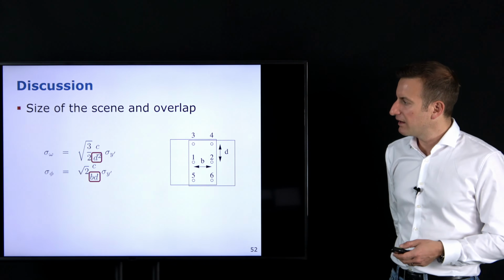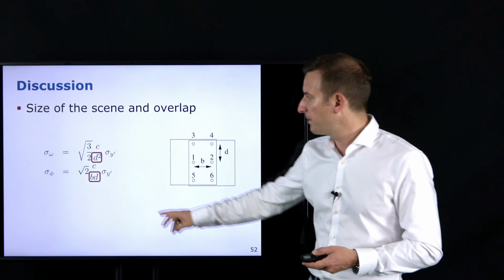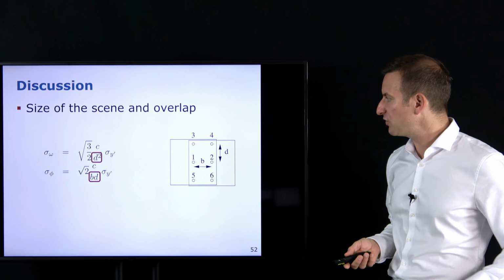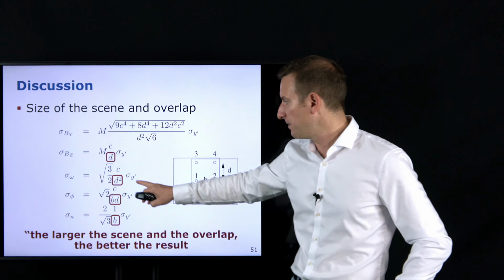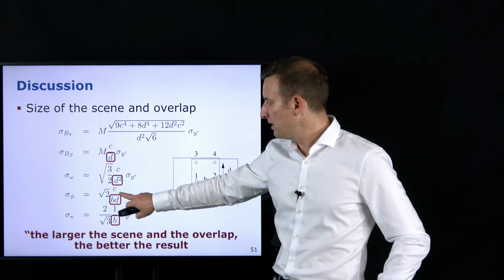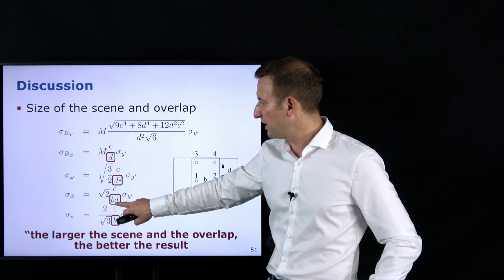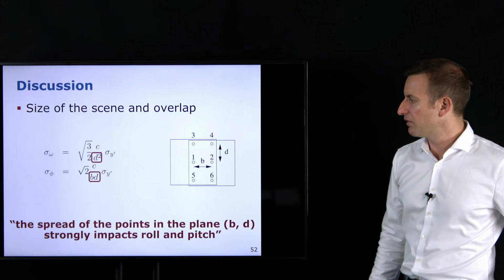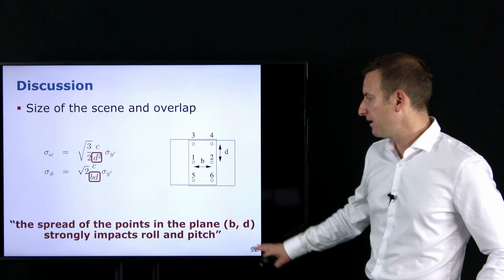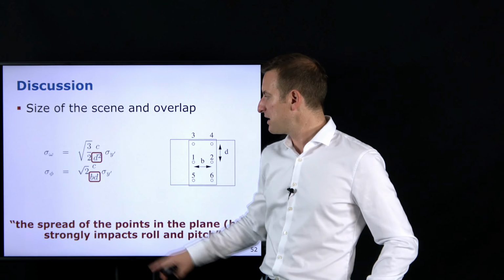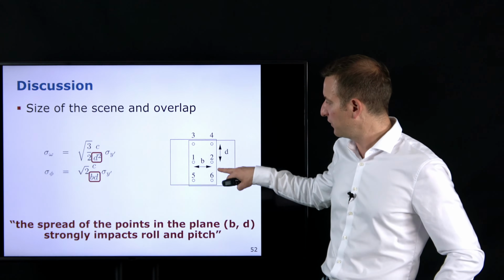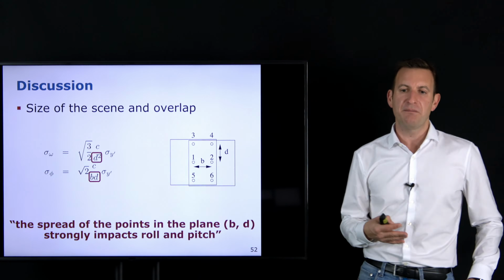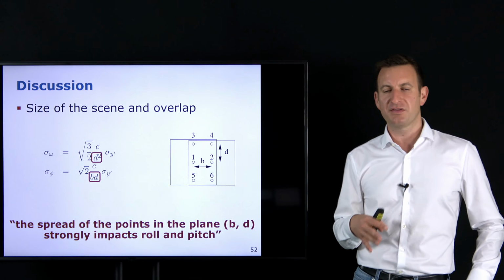And then I can also look into, again, especially the roll and pitch parameters I have here. So these were those two parameters over here, because here the quantity is actually a quadratic dependency and here it is only a linear dependency. So for those two parameters, the spread of those points, how the points are spread in the scene, this one over here as well as this spread, strongly impacts the estimate of the pitch and roll.